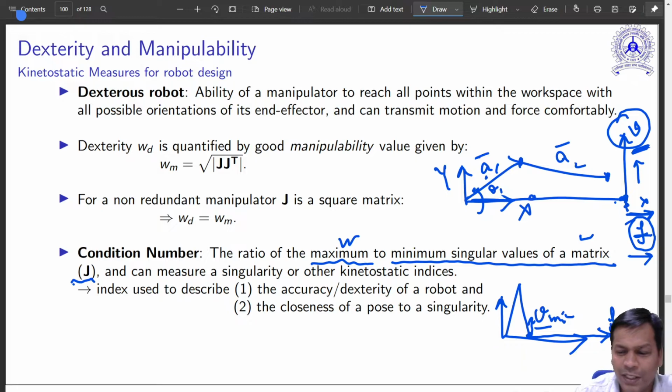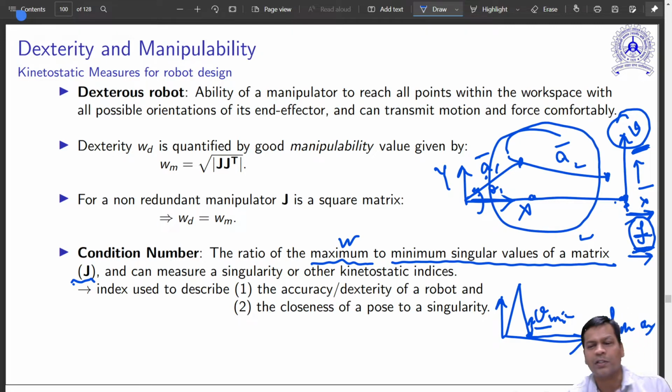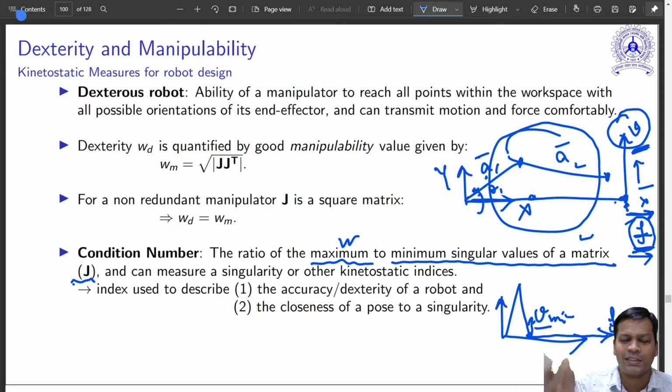That means V varies from maximum to minimum, from the outside to the inside space. Similarly, for force it is the opposite: minimum force in the fully stretched condition and maximum in the inside condition. There is some optimum space that lies somewhere in between. Now you got the philosophy of why we want to work in the manipulable region.